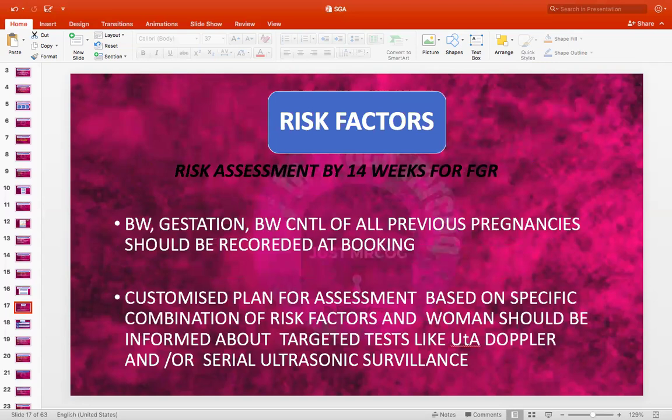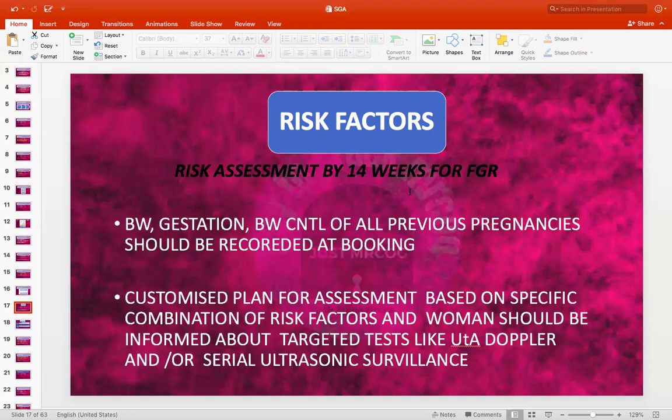Risk factors, we always assess risk factors by 14 weeks for all FGR. This is a very important SD question and a very important SPT question, because if a patient has come with a fear of having FGR because she is a smoker or whatever it is, and she has come at 12 weeks, then you will say that we are going to assess you by 14 weeks or within the next 2 weeks for FGR or a growth restricted baby.